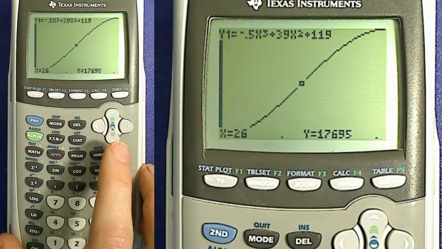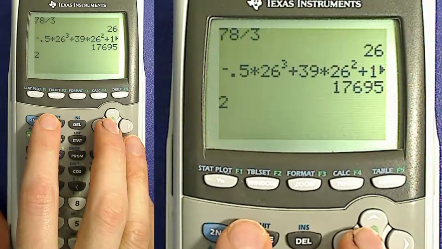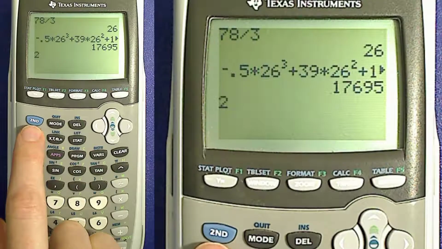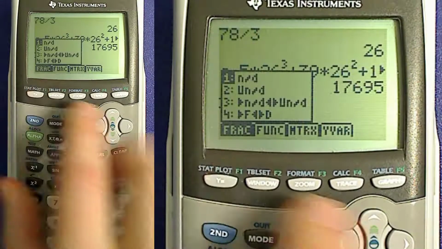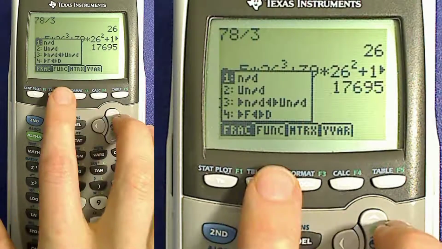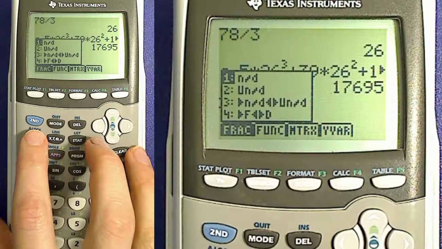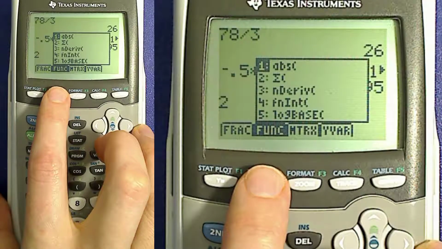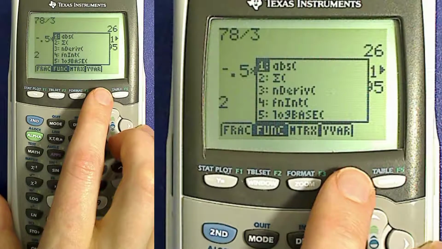Another option is that once you've typed it in, you can go here. So I hit the alphabet button and then this button, and I'm going to go to this func menu. Nope, that's not it. I want to go to the Y-VARS menu. That's over here.